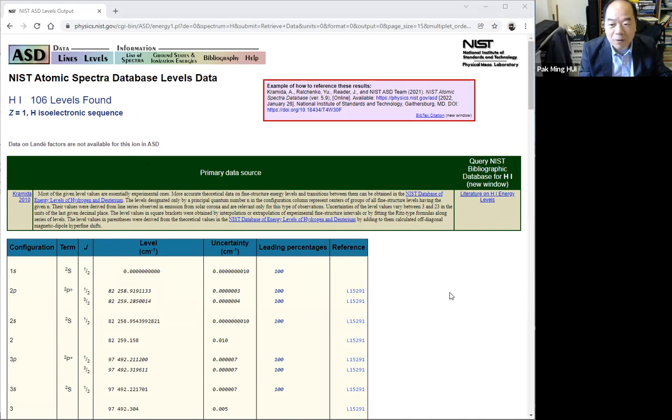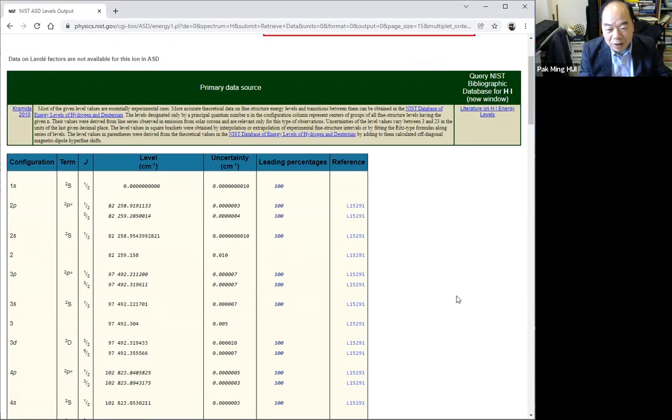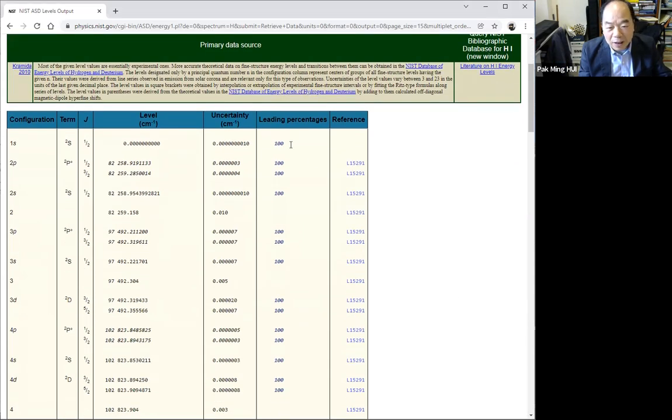So you see the table all right on your screen, right? So here 1s is set arbitrarily to 0, the ground state, and then it started out with the 2s. You see, I only copied the first 4 digits out, and there are 6 others.